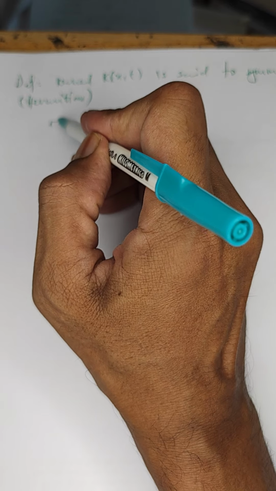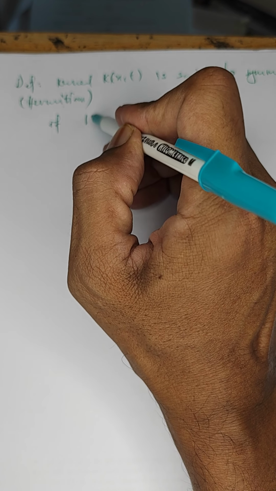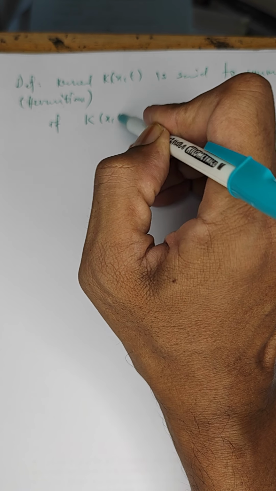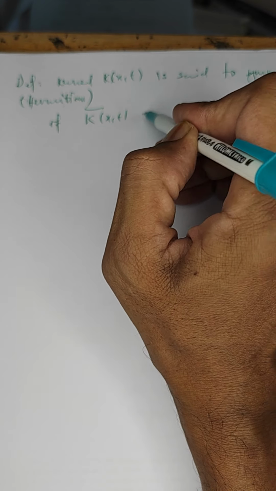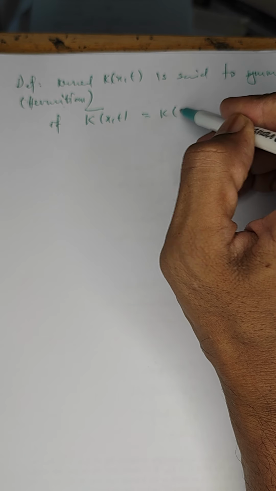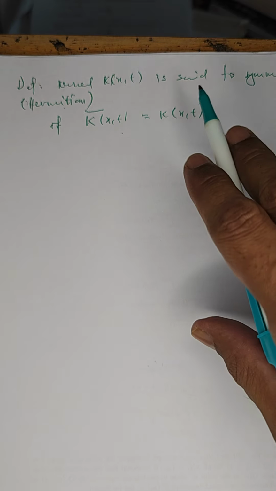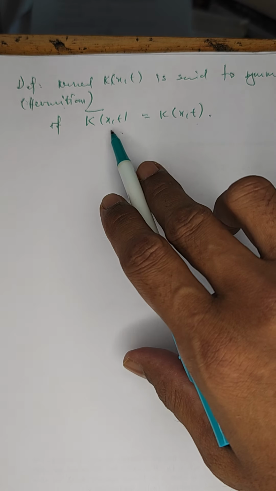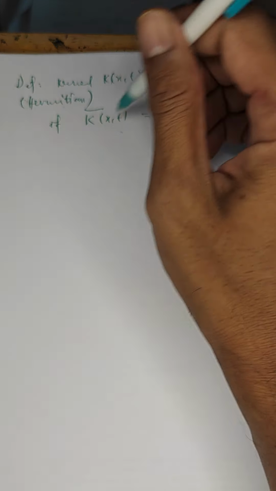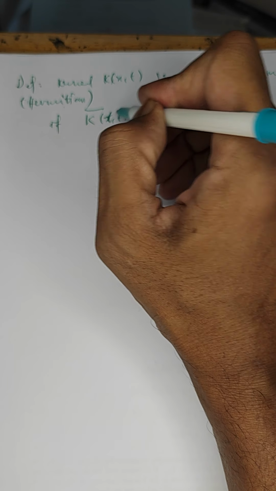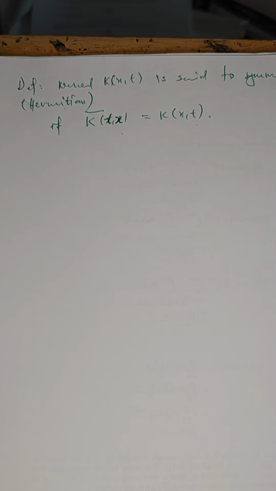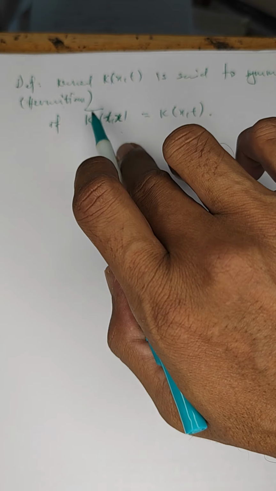if k(x,t) is equal to the conjugate of k(t,x), so the kernel is equal to its own conjugate transpose.